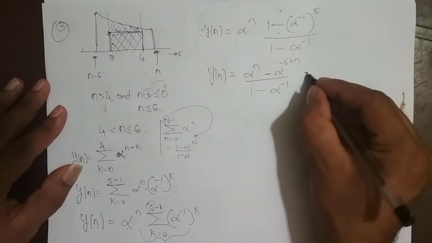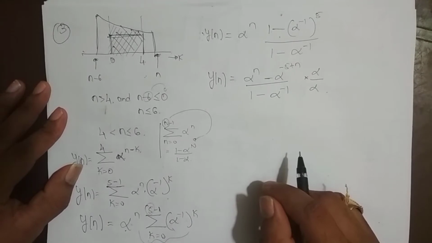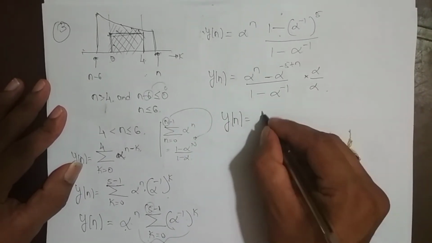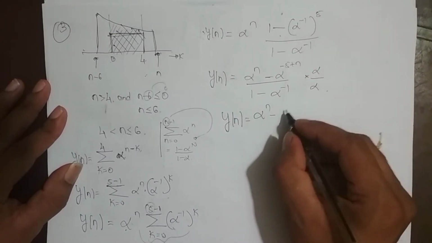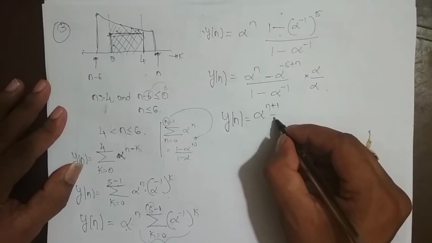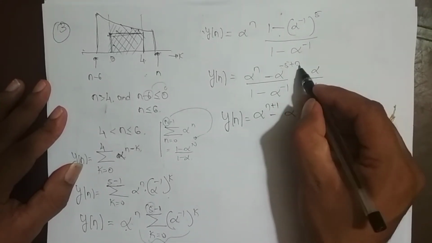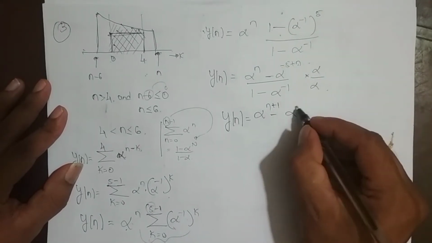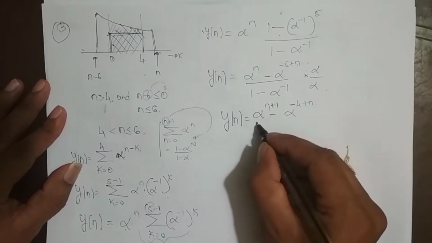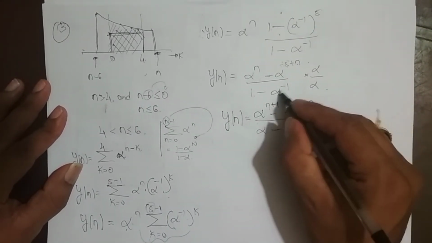So what I'll do, I'll multiply numerator and denominator by alpha. What do I get? y of n is equal to alpha power n times alpha is alpha power n plus 1, minus alpha power minus 5 plus 1 plus n. So minus 5 plus 1 is minus 4, so it is alpha power n minus 4, whole divided by alpha times 1 is alpha minus alpha times alpha power minus 1 is 1.